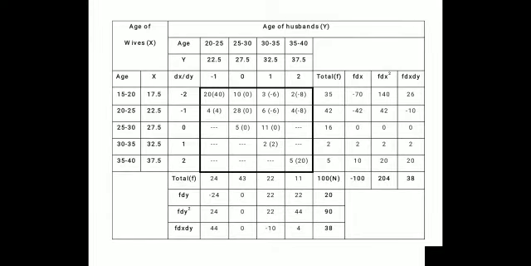Minus 70 into the deviation of x will give us the f dx square, that is squaring the dx only and keeping the frequencies as it is. So f dx, that is minus 70 into minus 2, will give us 140.